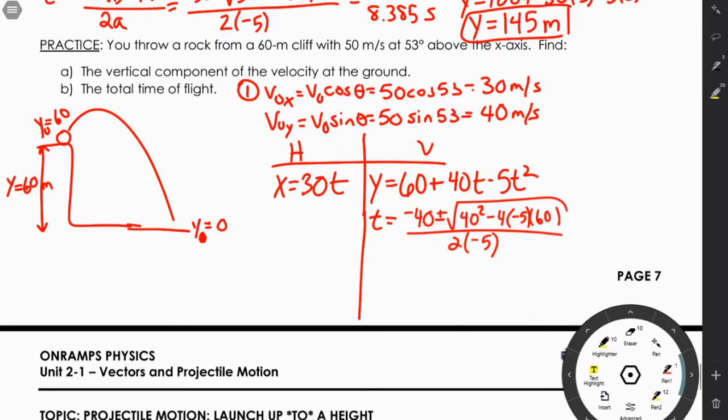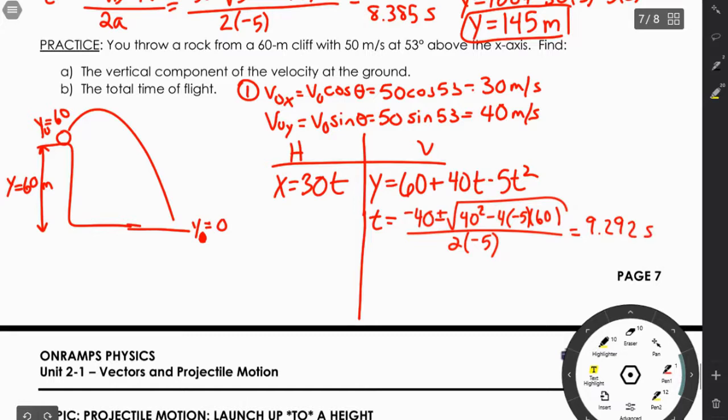So negative 40 plus or minus. We got one time is 9.292 seconds.